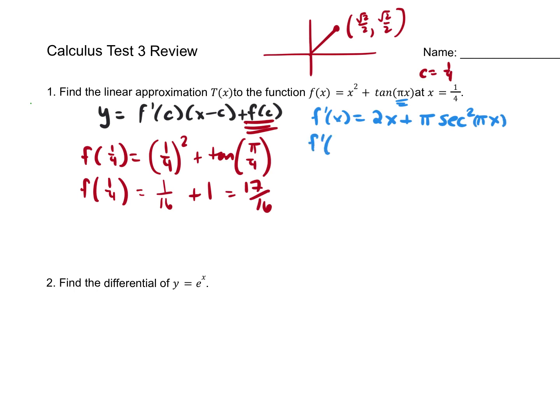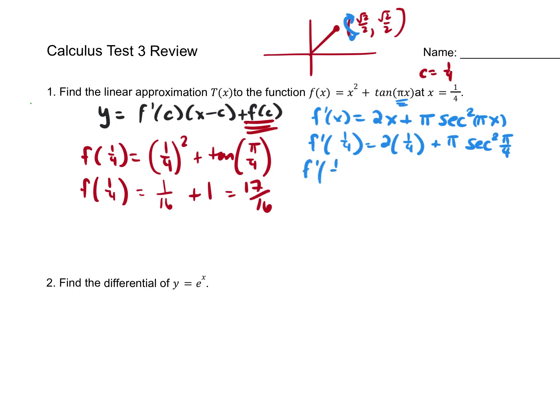So if I want f prime of 1/4, we'll do 2 times 1/4 plus pi times secant squared of pi over 4. Now the secant of pi over 4 is going to just be the flip of the x-coordinate. So secant of pi over 4 is just square root of 2.